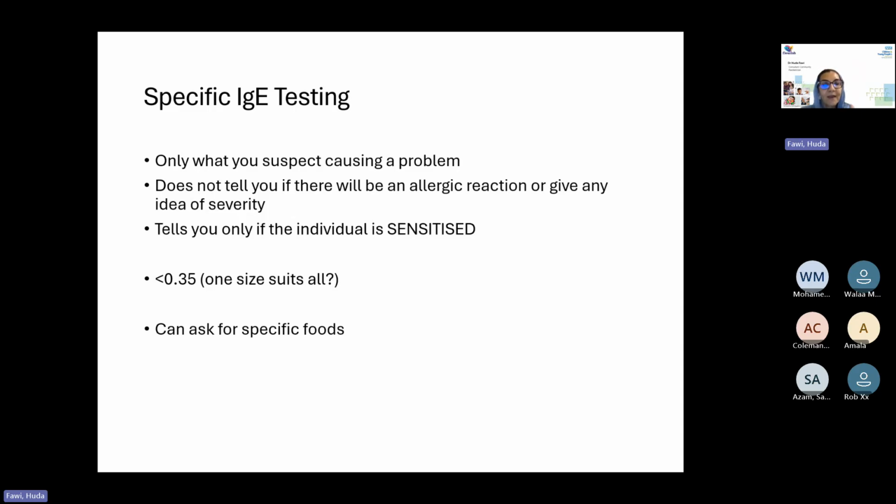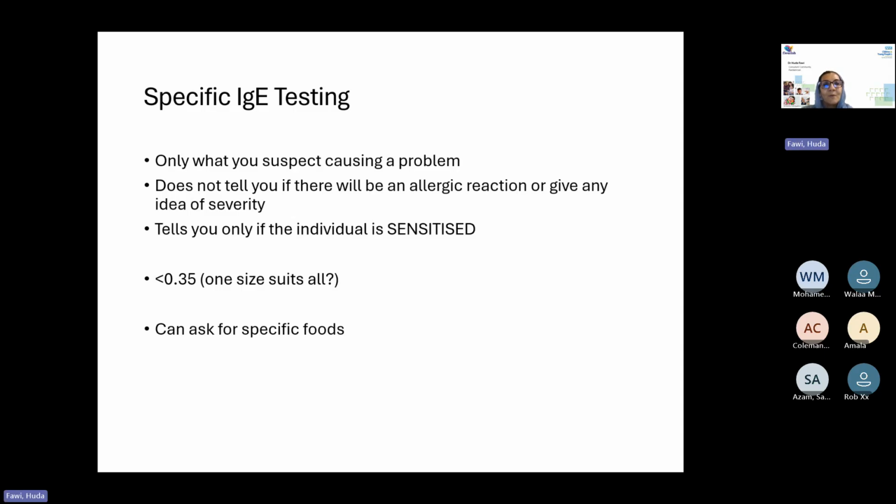So we ask about aeroallergens: the house dust mite, your grass, your trees, the pollen and molds, and furry animals. Or if you want to be specific, and this family does not have any animals, then you don't need to be putting in the cats and dogs and horses and so on. Is that clear? Yeah. Okay.